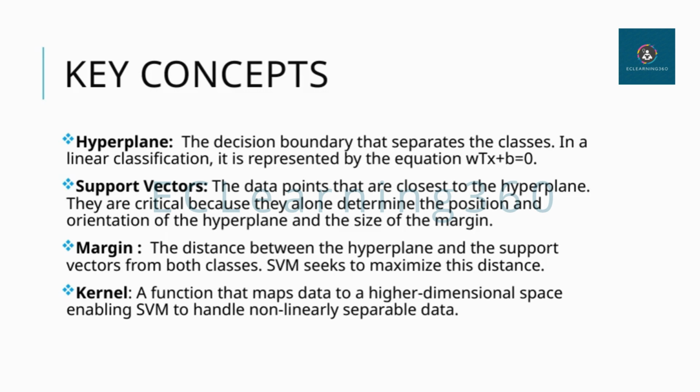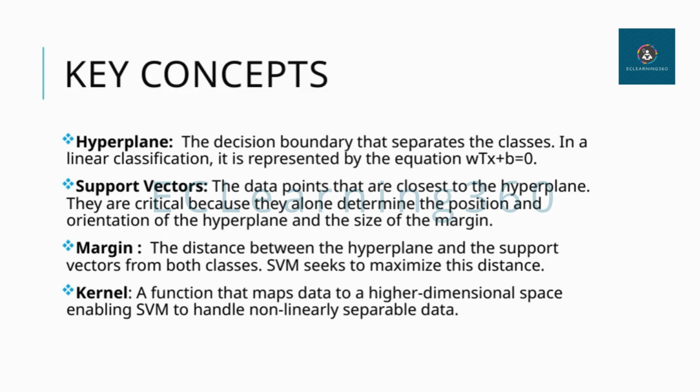This hyperplane is crucial because it defines how we distinguish between the classes. Next, support vectors are the data points that are closest to this hyperplane. They're actually the most critical points because they determine the exact position and orientation of the hyperplane. In fact, the entire margin, the space between the hyperplane and these support vectors, depends on them.